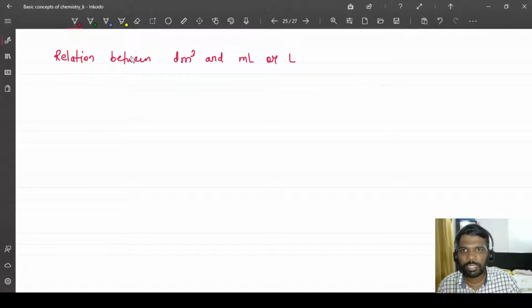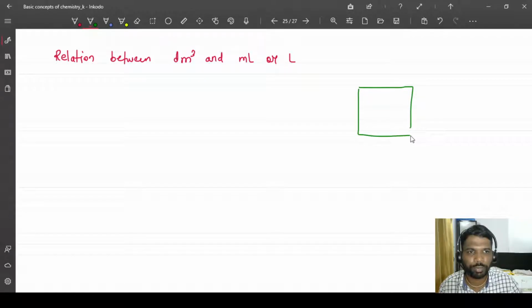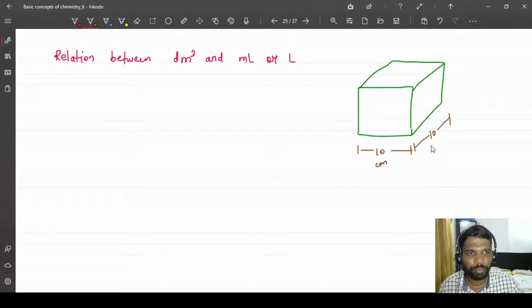So let's say there is one cube of dimension, let's say it is 10 centimeter, 10 centimeter. This is also 10 centimeter, and height is also 10 centimeter.